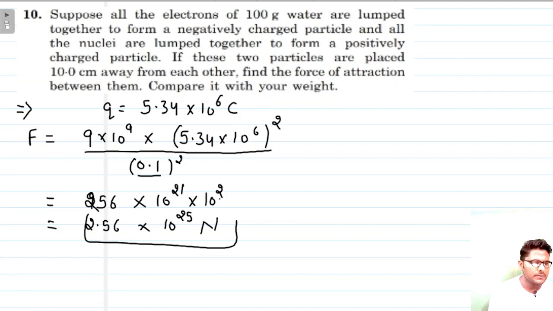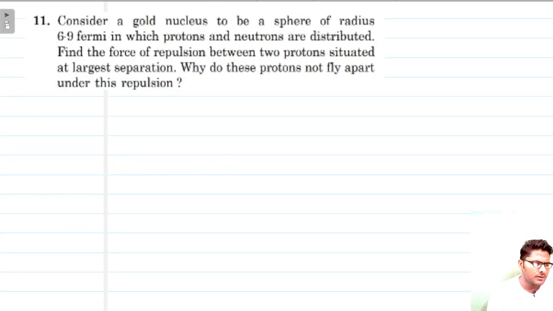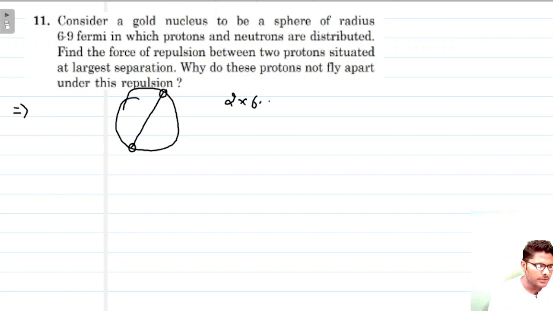Moving on to the next question. Consider a gold nucleus to be a sphere of radius this much. Let us suppose this is our nucleus, and when two protons are at their maximum separation, it means they are along the diameter. So the maximum separation will be 2 into 6.9 fermi, which is 13.8 fermi.